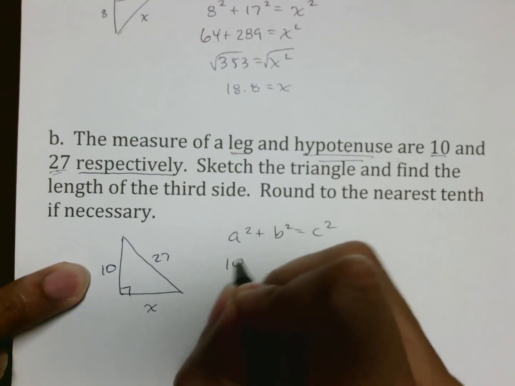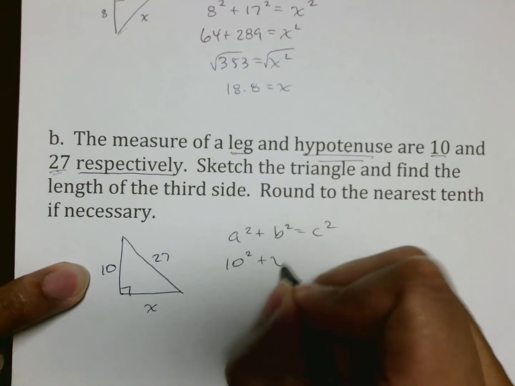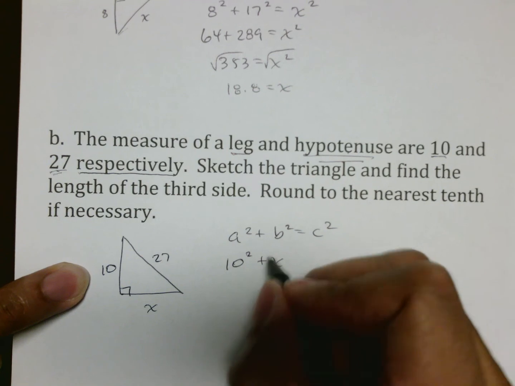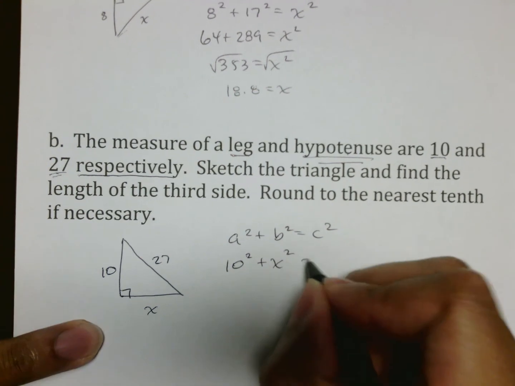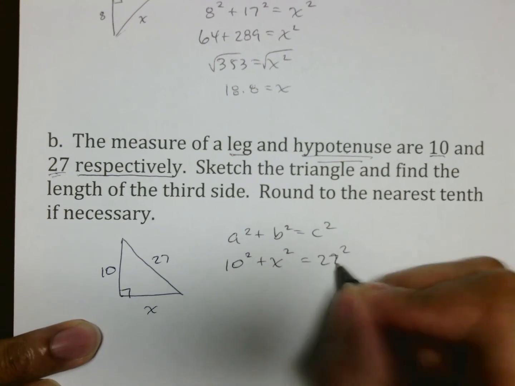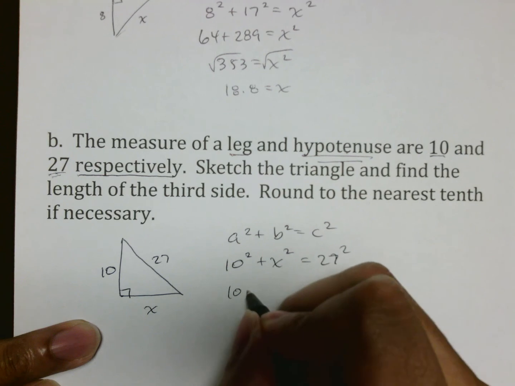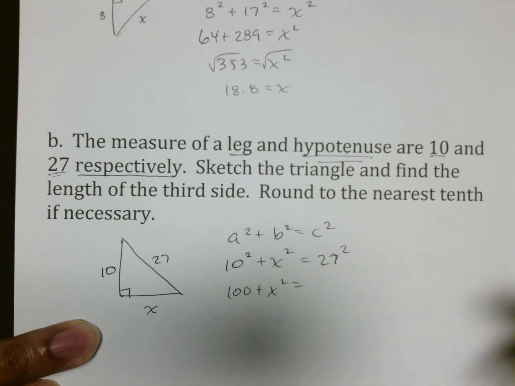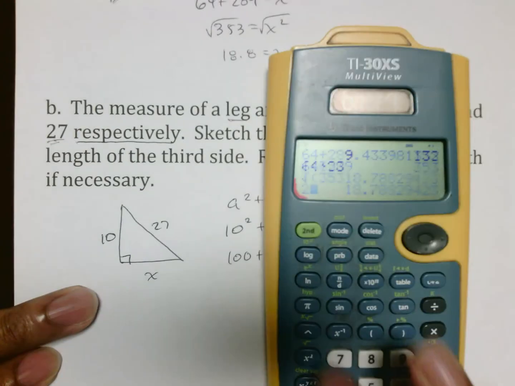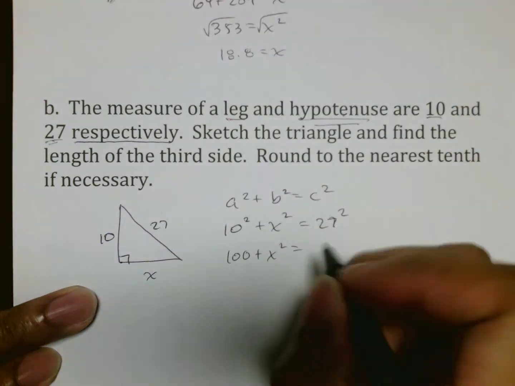I'll just go ahead and put this in for a, because it doesn't really matter, since these two work out the same way. But 10 squared plus x squared equals 27 squared. That turns into 100 plus x squared equals whatever 27 squared is, which is 729.